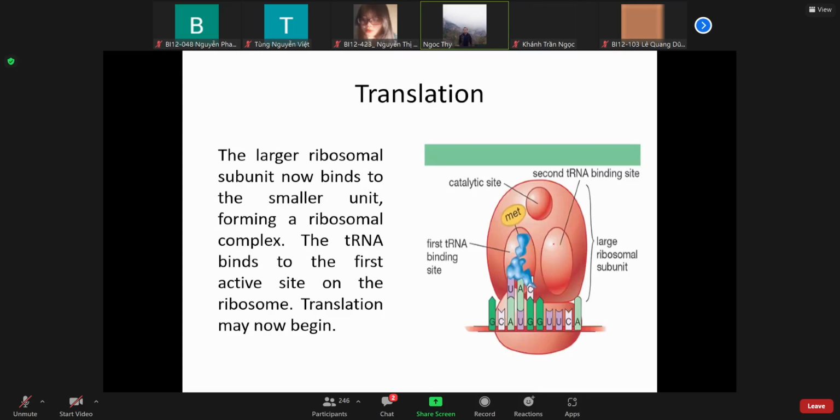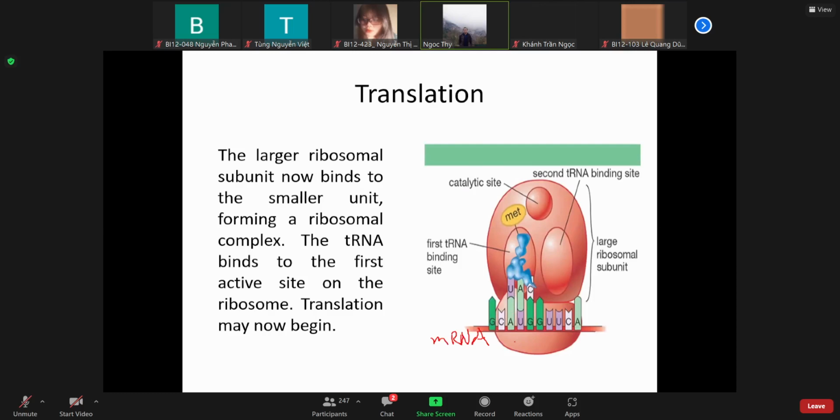So the translation process starts when a small subunit combines with a large subunit of the ribosome and binds to the mRNA as a template. So we have mRNA here. But the translation would not start right at the position of the attached site.